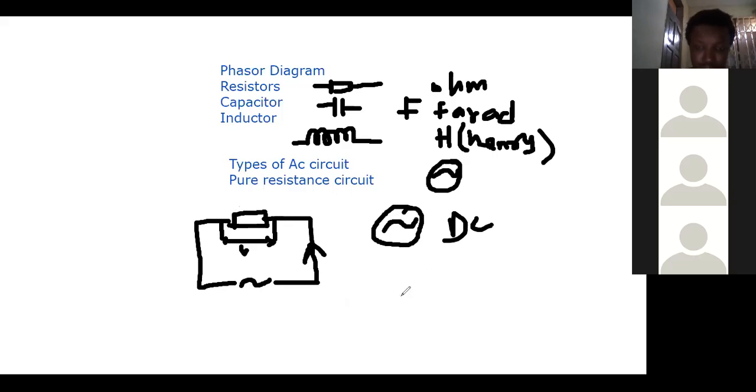When we talk of the phase diagram, we are talking about a vector diagram. With a vector diagram, they are all in one phase. If here is the current, here will be, let's say, the voltage.